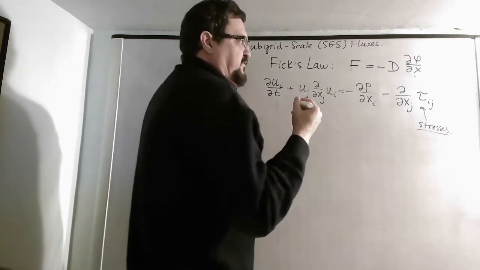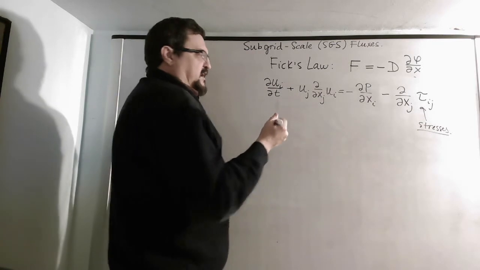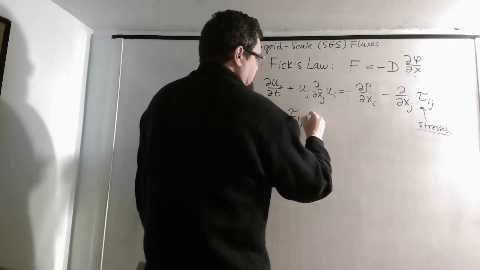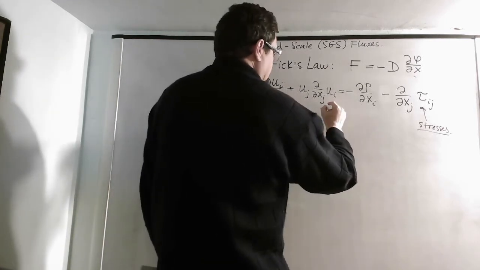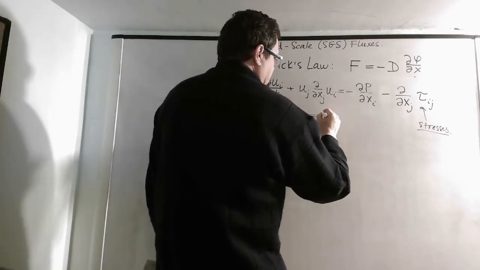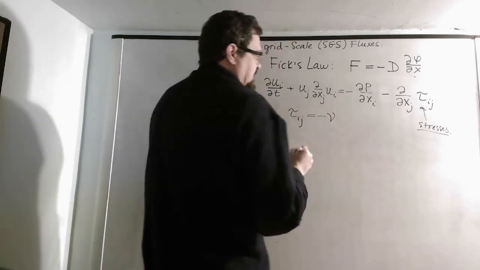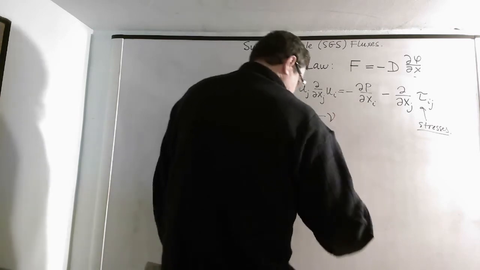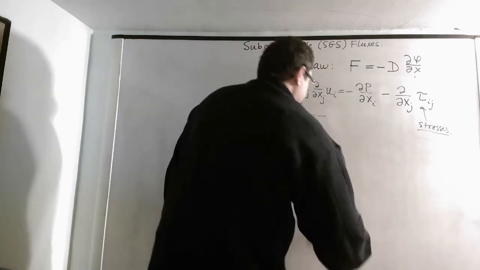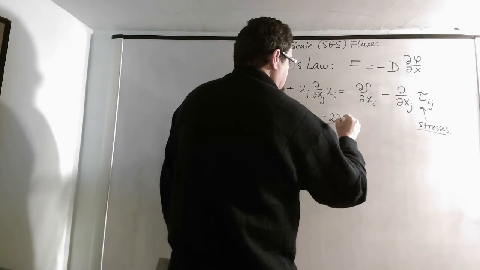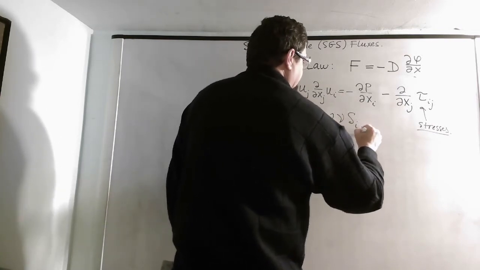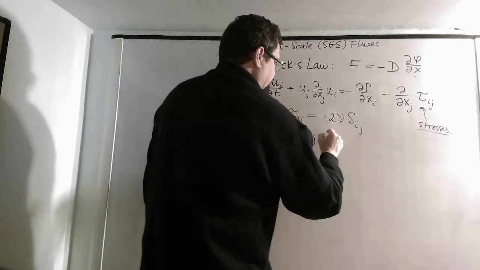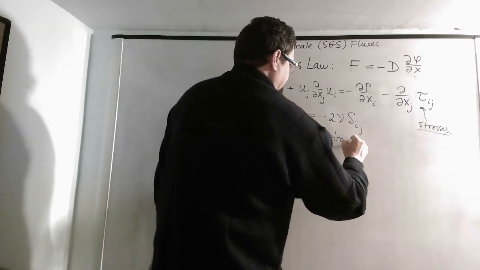For molecular viscosity, tau ij equals minus 2 nu times the strain tensor Sij.